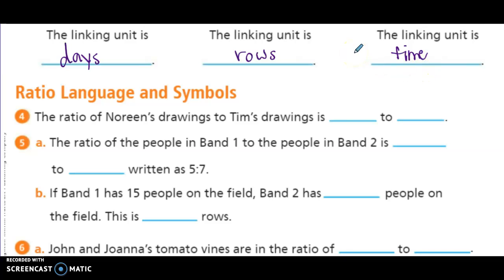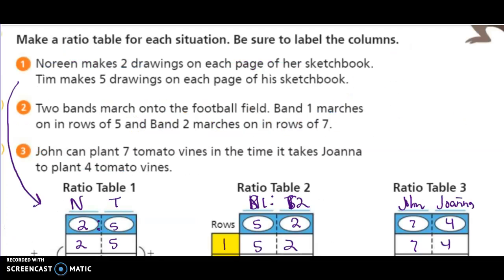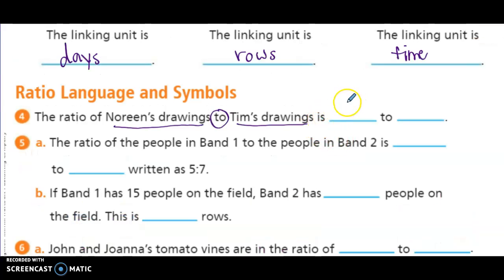The ratio of Noreen's drawings to Tim's drawings, and this is important: notice the order of the titles in your ratio tables and this word "to." The numbers have to follow the order of the words. I believe Noreen was 2 and Tim was 5. So that's the ratio.